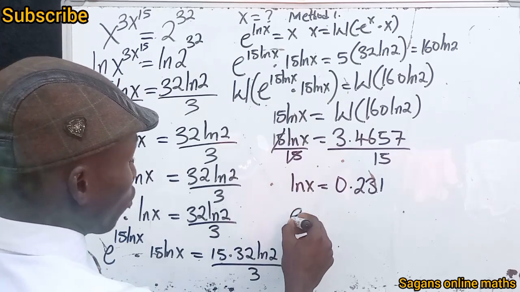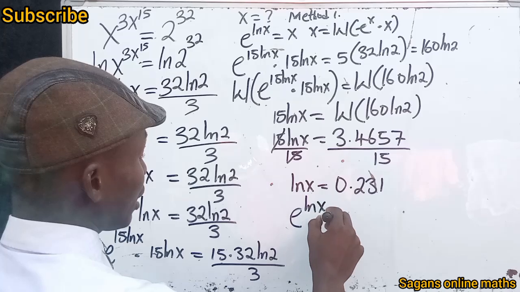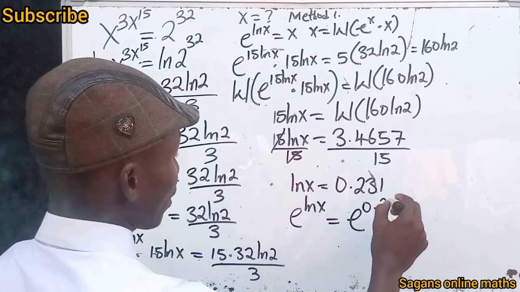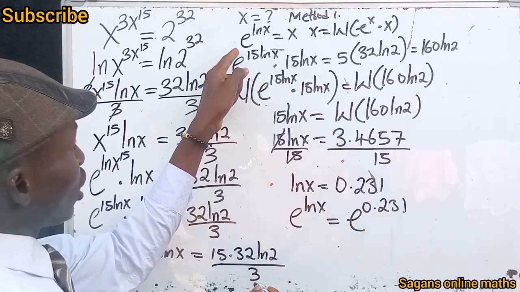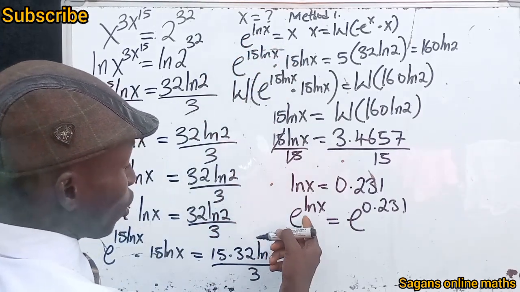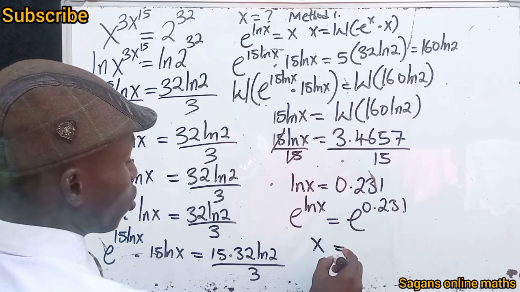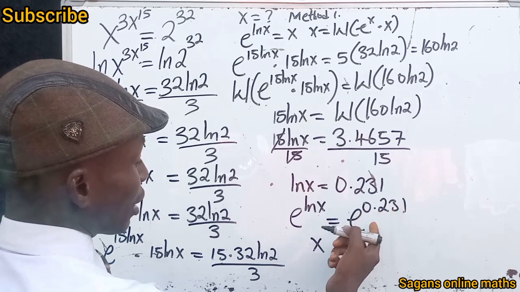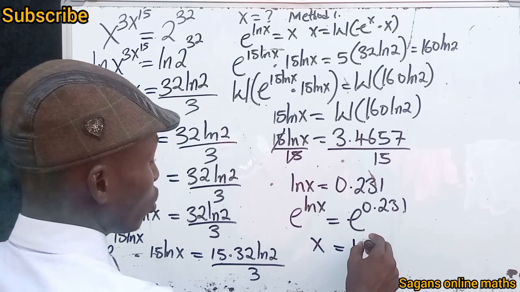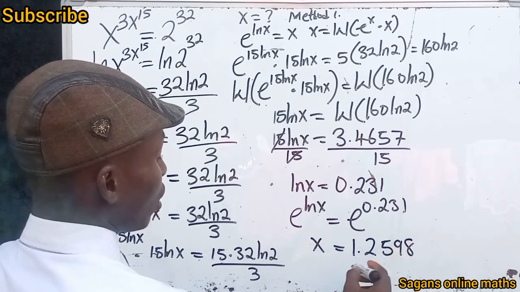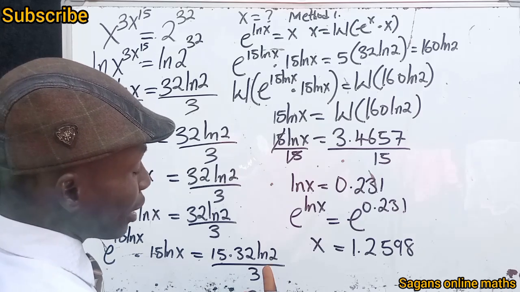Now we are going to take e of both sides. So e raised to the power of ln x is equal to e raised to the power of 0.231. And remember that e raised to the power of ln x is equal to x. That means x equals e raised to the power of 0.231, which gives us 1.2598.